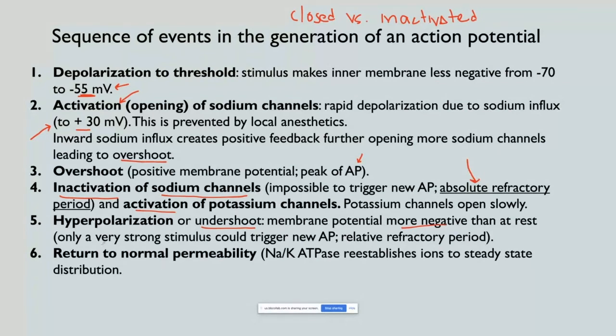At this point, only a very, very strong stimulus could trigger a new action potential, because now there is a larger distance between the actual membrane potential of the cell and the threshold. And then how do we go back to normal? That is the action of the sodium-potassium pump that reestablishes everything to the original value.